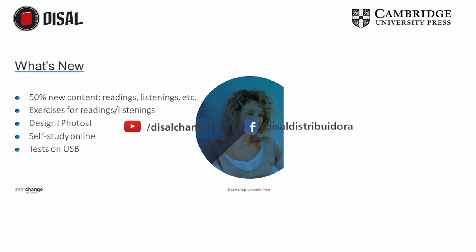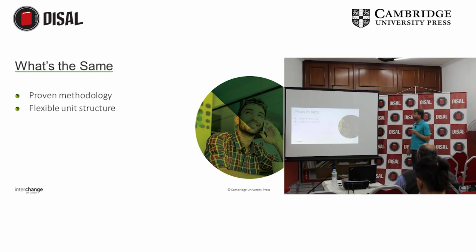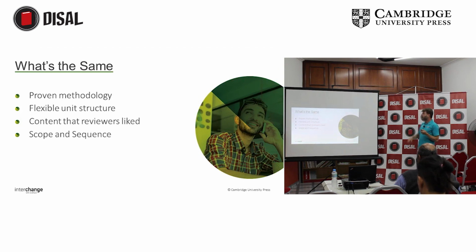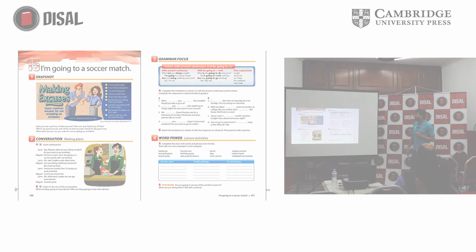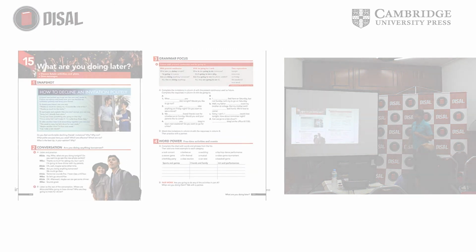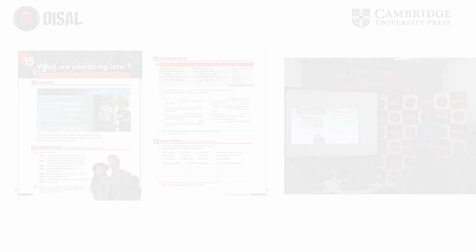Okay, so on USB, right? What's the same: proven methodology, flexible unit structure, content that reviewers liked, scope and sequence. Here's an example of 4th edition and new edition.